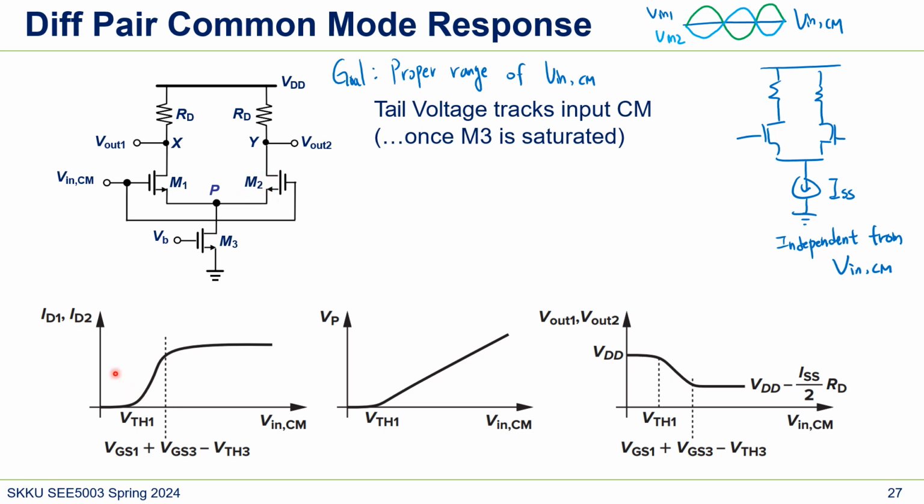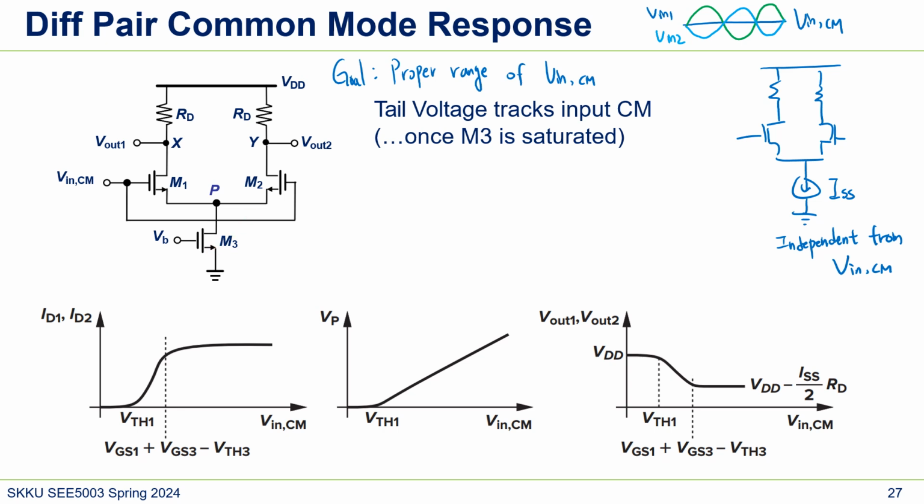So let's think about zero voltage. What if we put VinCM at 0 volts? Then this NMOS will not turn on, right? Which means there's no current, and this VP will go to 0, because this VB is not 0, right? We need to set this VB at a certain point to set ISS.